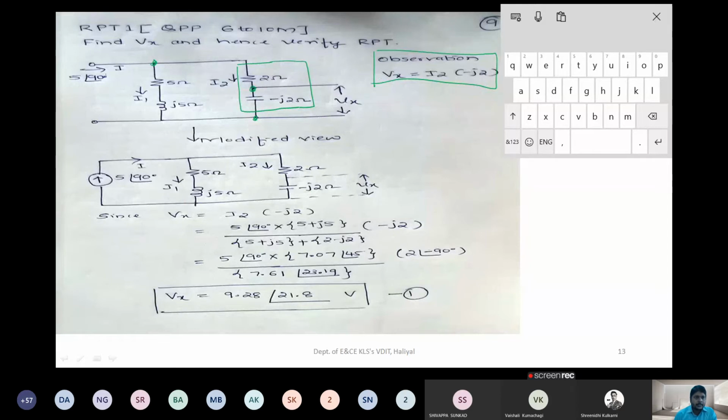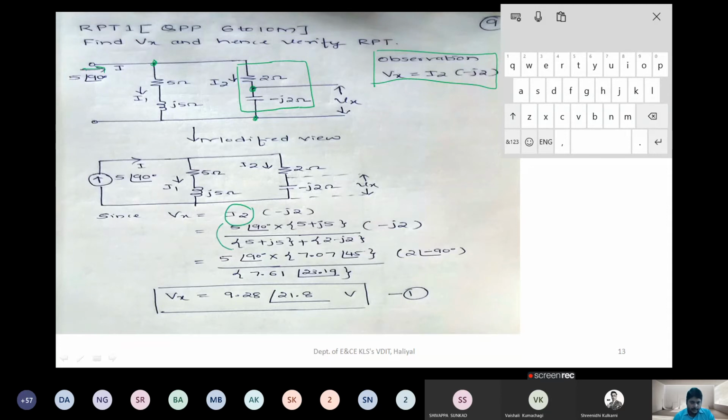They have given a current source entering like this, you can see the arrow direction. The current source is placed here. Every other part is the same. What I require is the voltage across minus j2 ohms, so I have to calculate current I2.